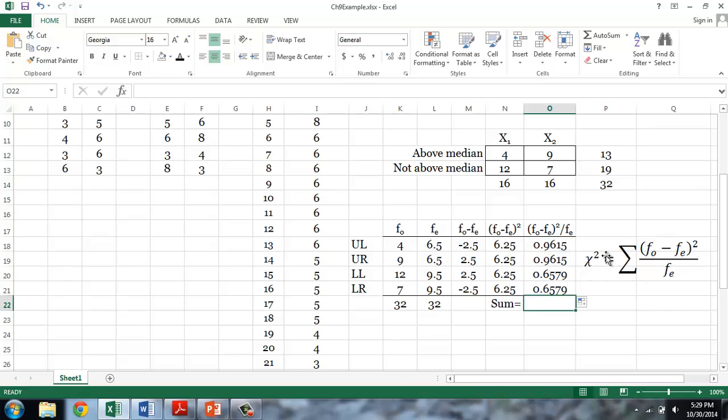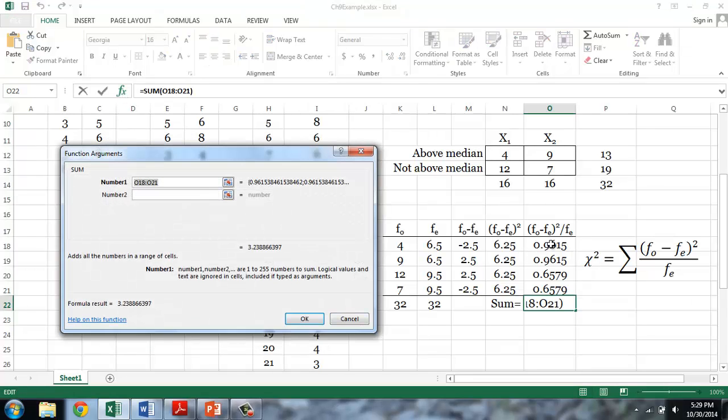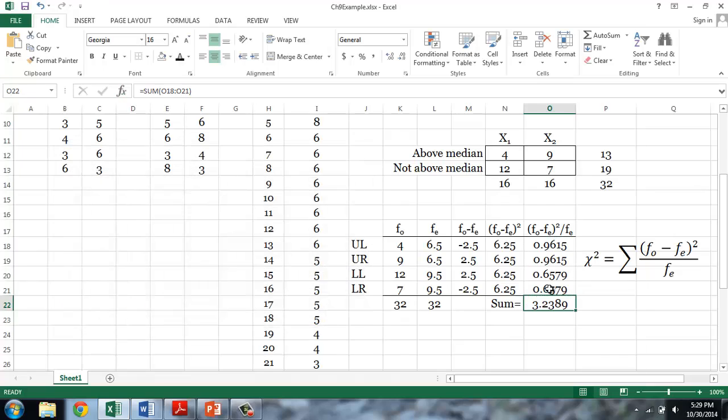Our chi-square statistic is simply the sum of all those squared deviations divided by their expected frequencies. So in this case, I obtain a chi-square value of 3.2389. Just as with other tests of significance, once we calculate our statistic, we compare it to a critical value for that statistic given our degrees of freedom.